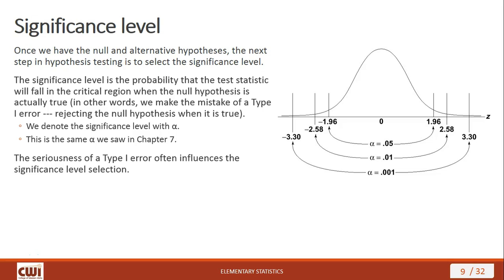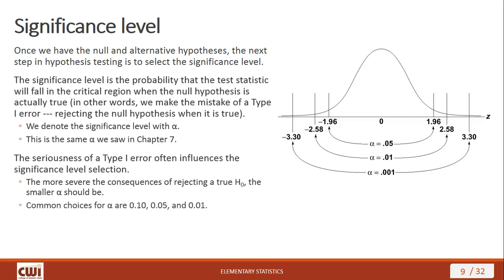If the error is very serious, then yes, we're going to want to make alpha smaller, as small as we can be. But if it's not as serious, then we can tolerate a higher level of alpha. So the more severe the consequences of rejecting a true H0, the smaller alpha should be. Typically, you have some common choices for alpha, such as 10%, 5%, and 1%, with 5% by far being the most common choice.